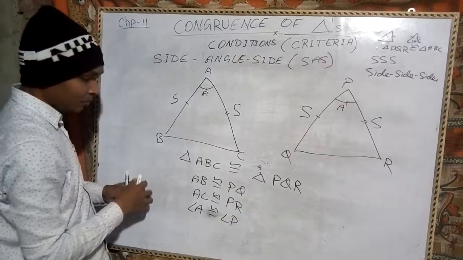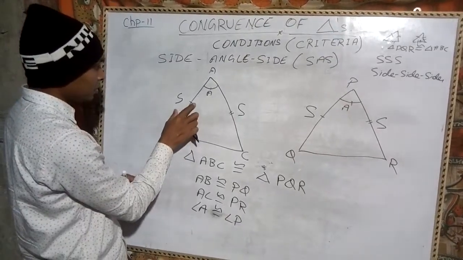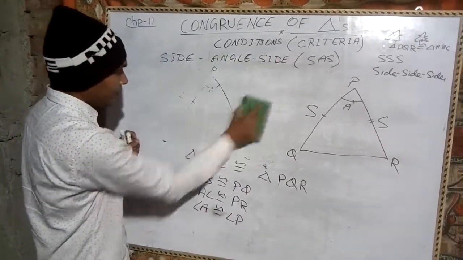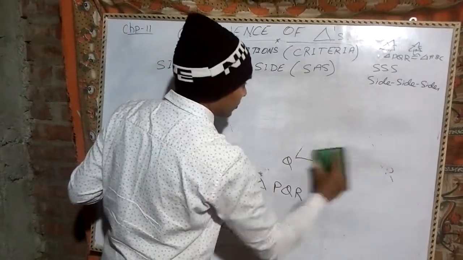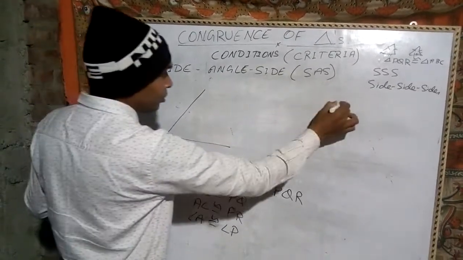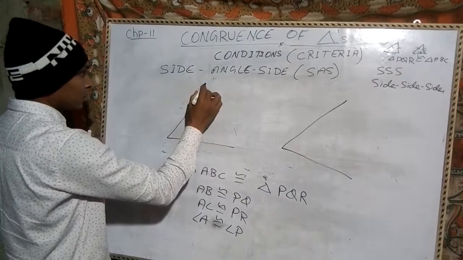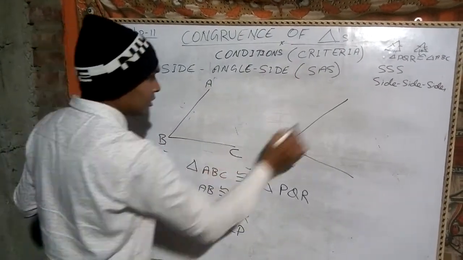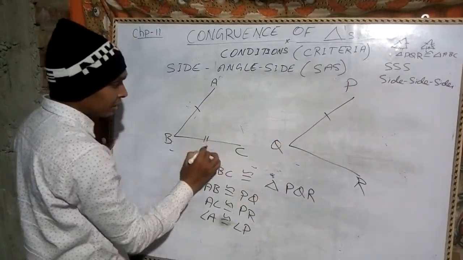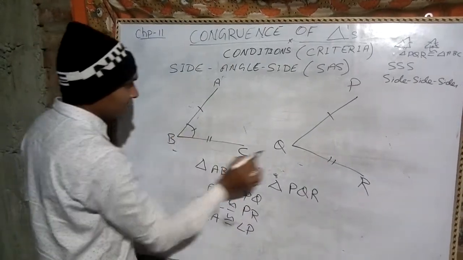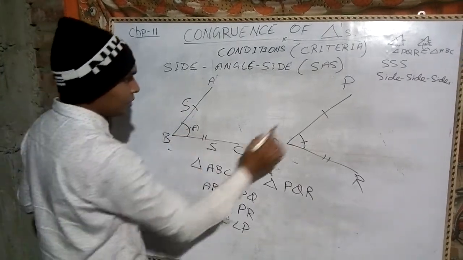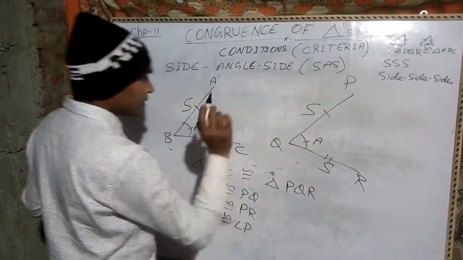Another example you can say, like this side and this side is equal to this side and this side, say A, B, C, P, Q, R. This side equal to this side and this side equal to this side, and this angle is equal to this angle. So here also side, angle, side, same condition.